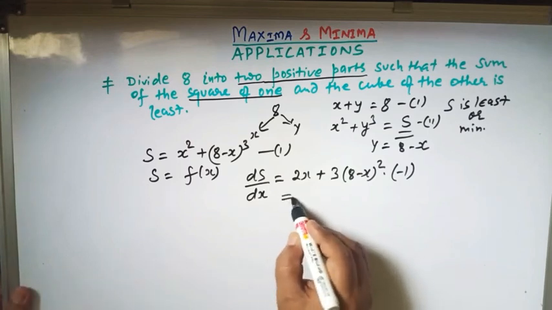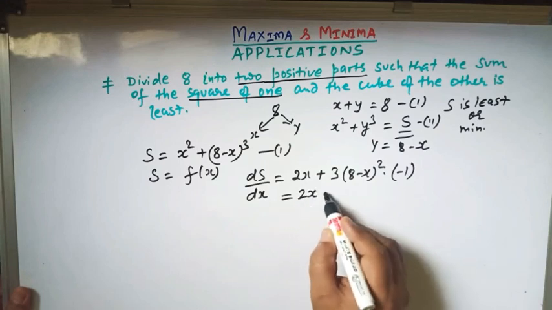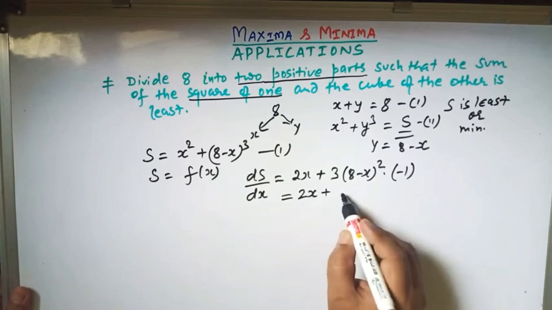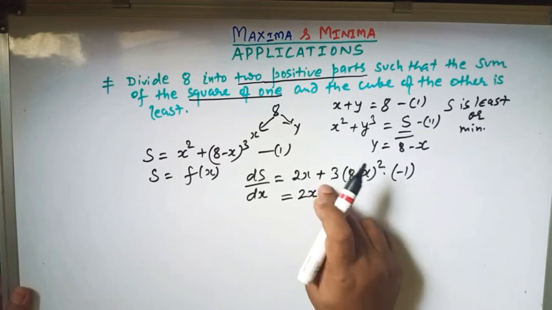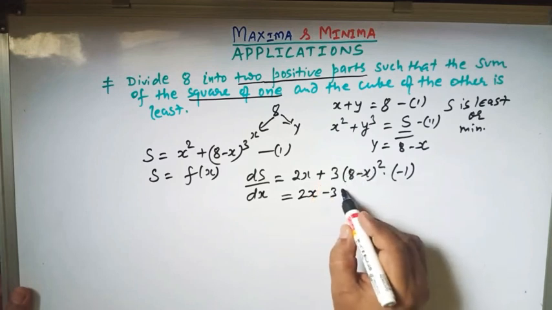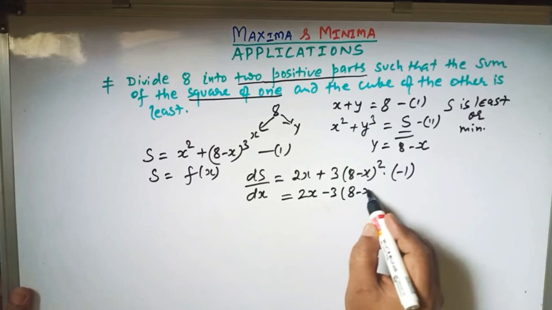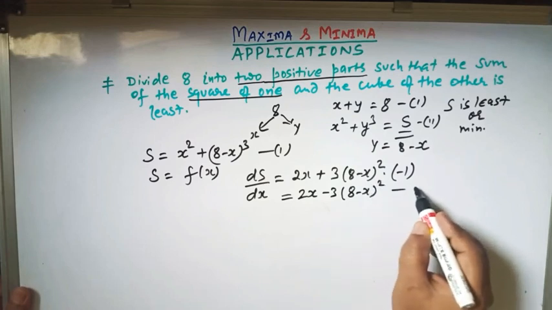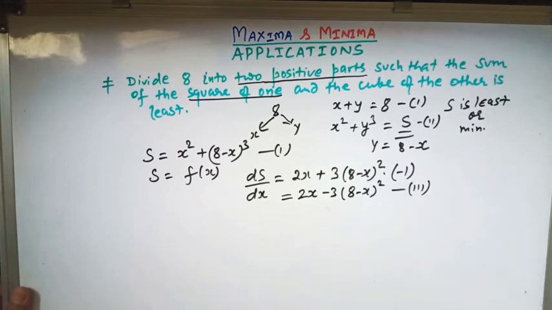Now we can write this equation as 2x minus 3 times 8 minus x square. This is equation number 3.